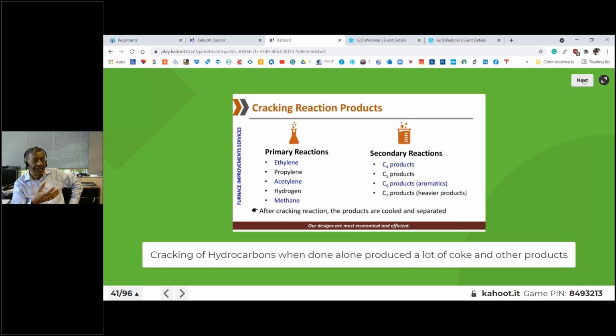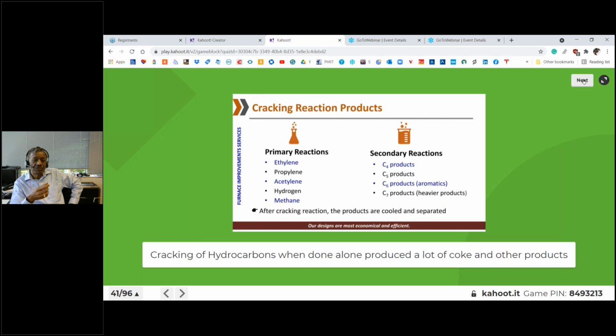The second theory is that there are two sets of reactions taking place. In the primary reactions, we are forming ethylene, propylene, acetylene, hydrogen, and methane. And then in the secondary reactions, we are forming C4 products, butane, butenes, butylenes, pentane, pentenes, C6 aromatics, and C7 heavier products.